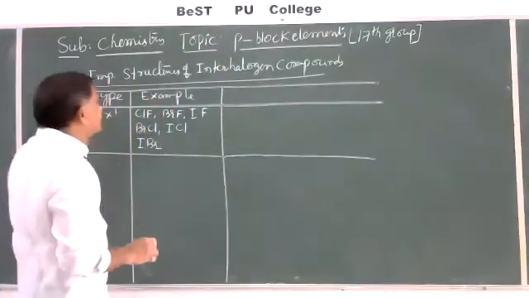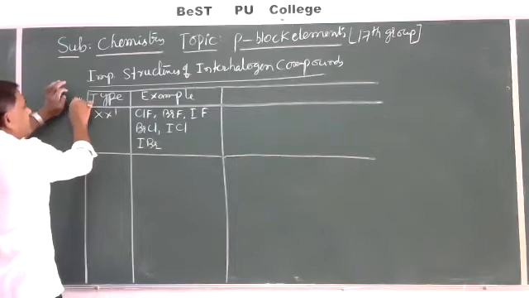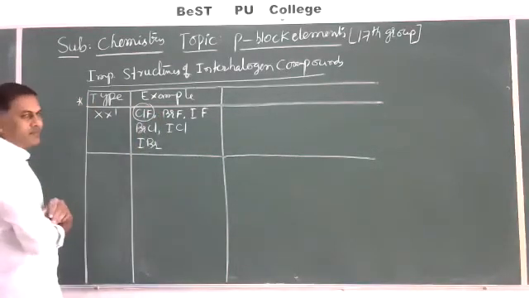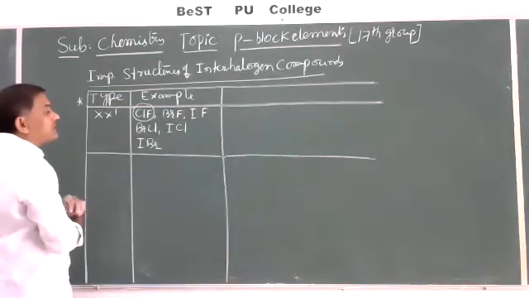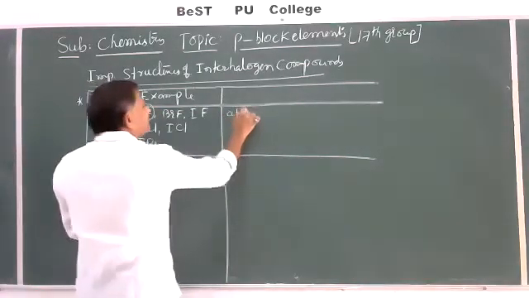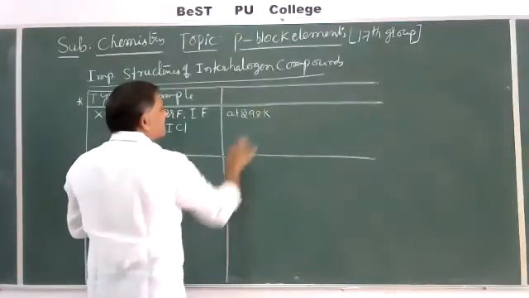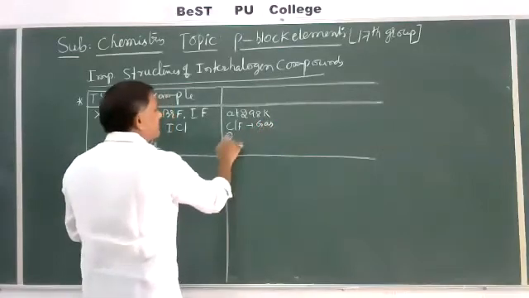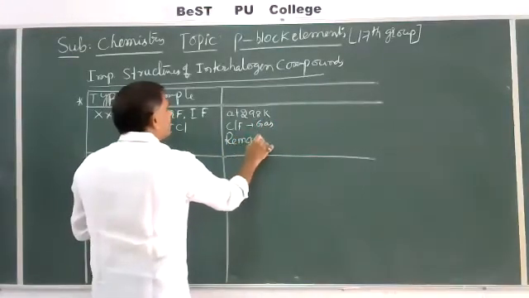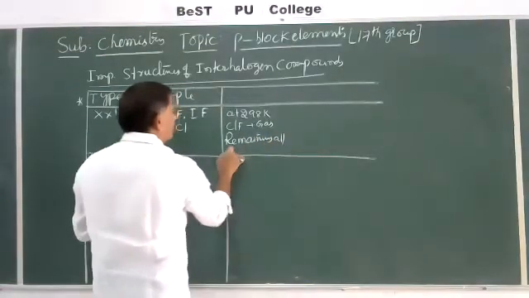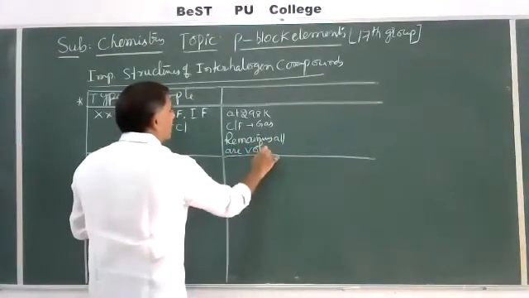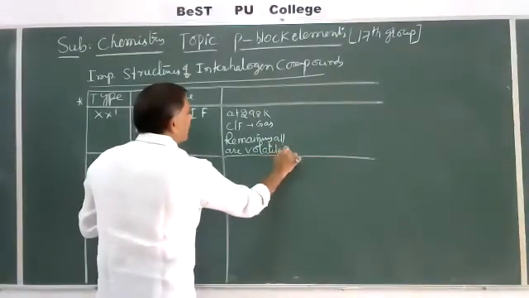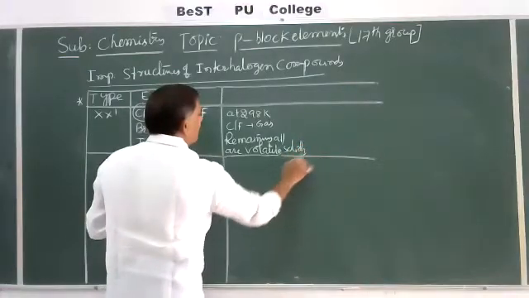We can observe in this XX' type, apart from ClF, at 298 kelvin, ClF is a gas, and the remaining are all volatile solids or liquids.